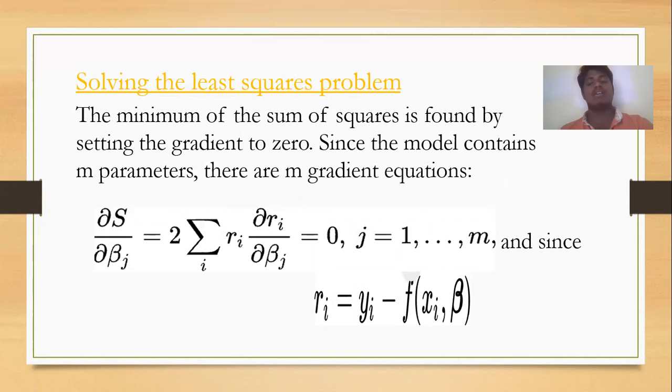The j values we can take from 1 to m, and we can also use the formula shown before on the screen. By using these two formulas, we can solve the least squares problems containing m parameters, with m gradient equations.